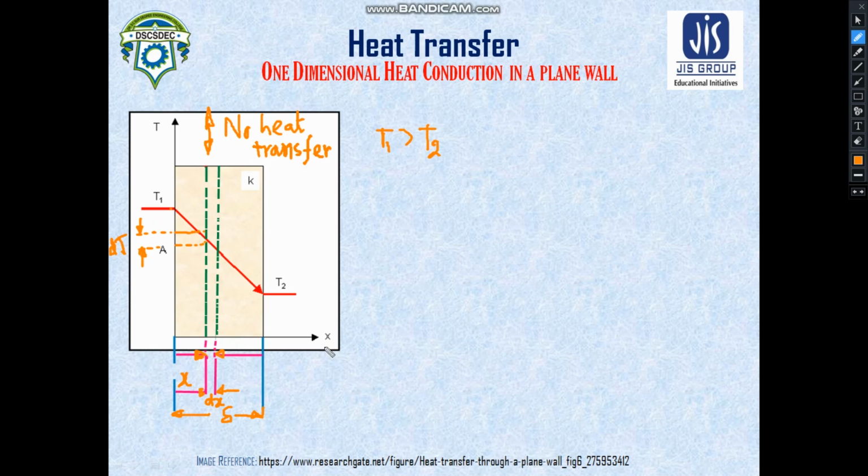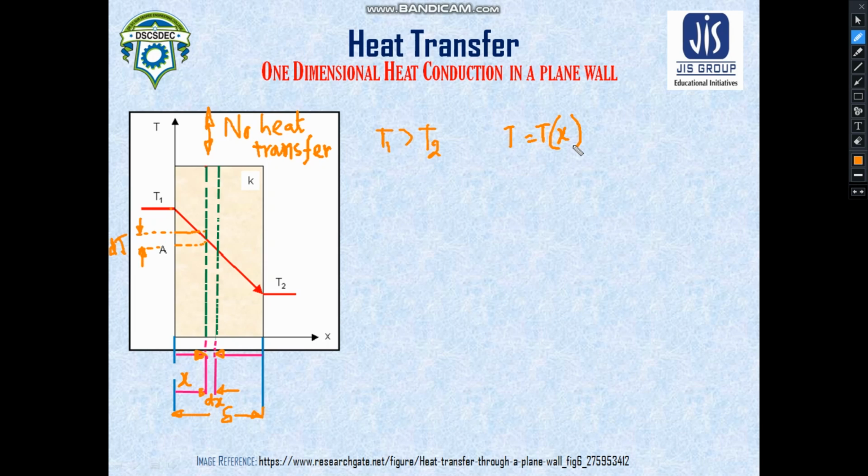So here there is only one dimension, so the temperature distribution would be only a function of x. And since there is steady state heat conduction going on, it is not a function of time. As you know, in case of steady state, the thermodynamic properties remain invariant.